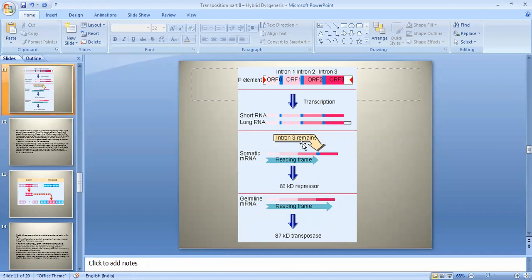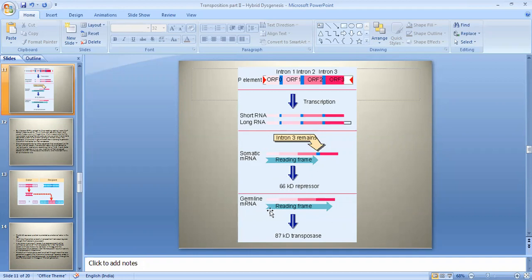Now, what happens in somatic cells? In somatic cells, this third intron remains, and because there is a stop codon, translation doesn't occur beyond this point, and a smaller peptide, the 66 kilodalton repressor, is produced.